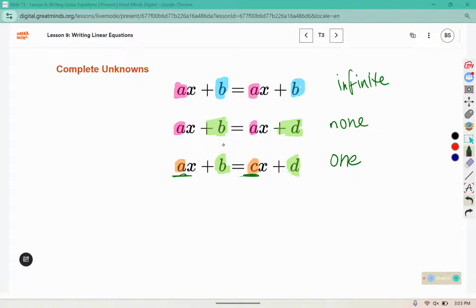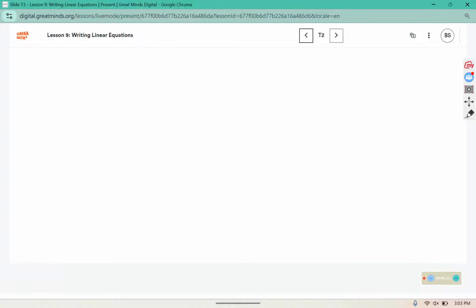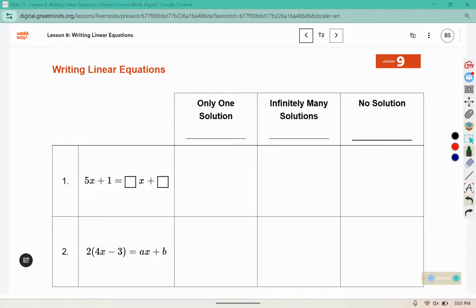We're going to write these at the top of our table from the previous slide. So one solution, we'll say Ax plus B equals Cx plus D. Infinite solutions, the left and right side match.